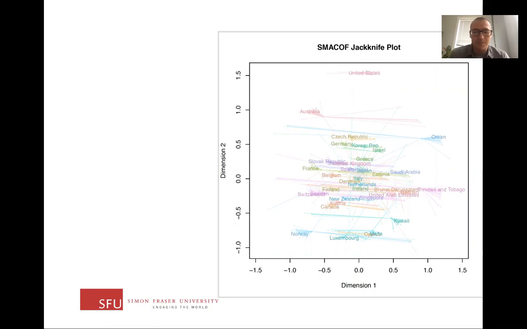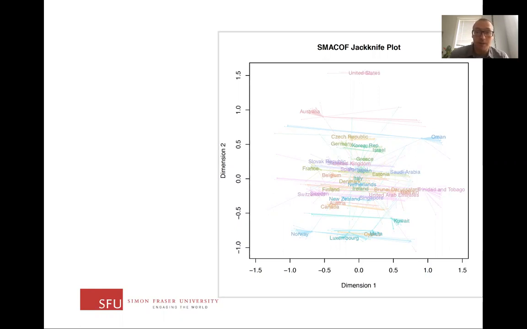Okay. So I have some data on countries and their energy use and how much CO2 they emit into the environment. And we ran MDS on this data set, and then the SMACOF package, which we'll learn more about, allows you to perform a jackknife.